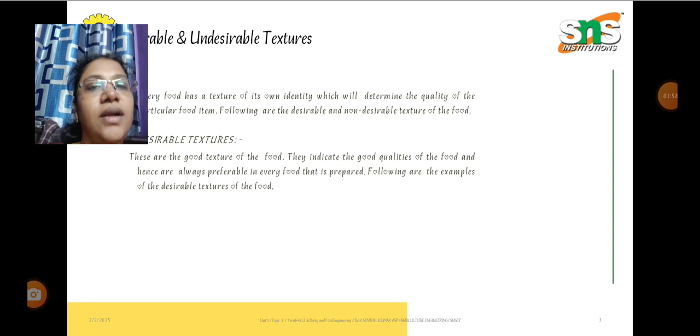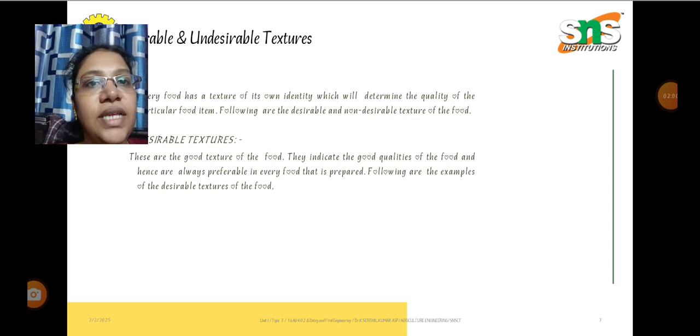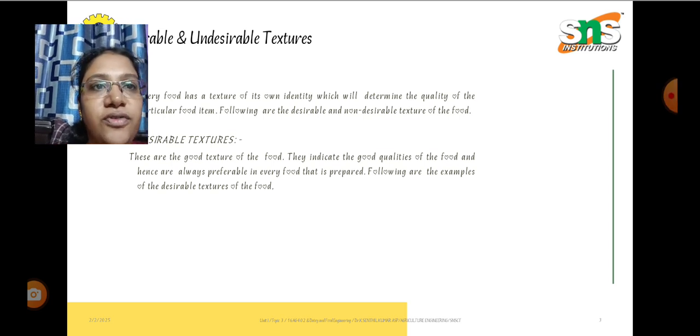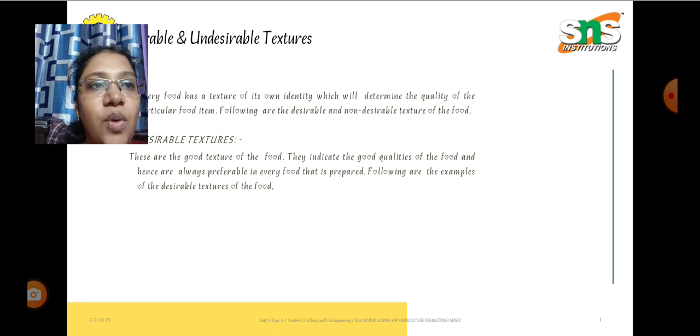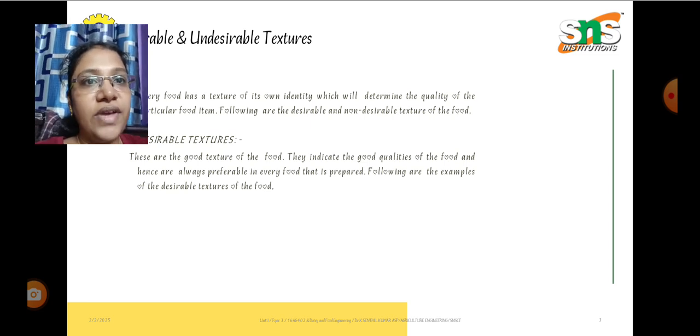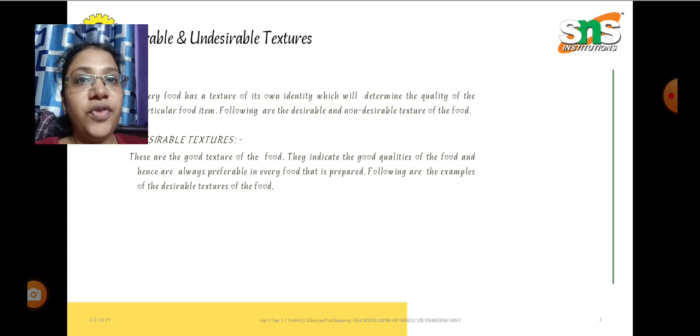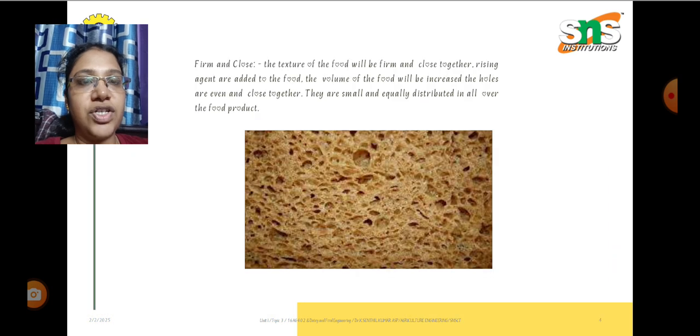Desirable texture is nothing but the good texture of the food. They indicate the good qualities of the food and hence are always preferable in every food which is being prepared. Below, let us quote a few examples of desirable food textures.